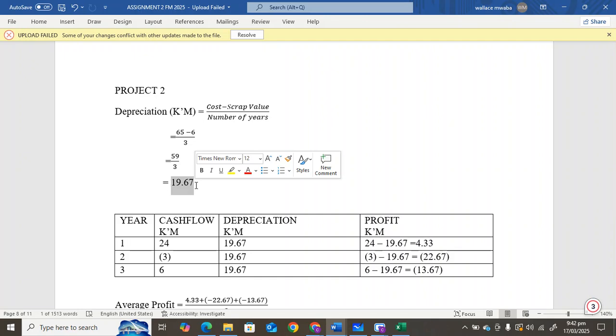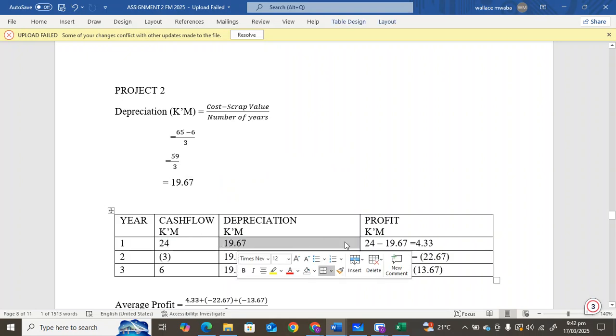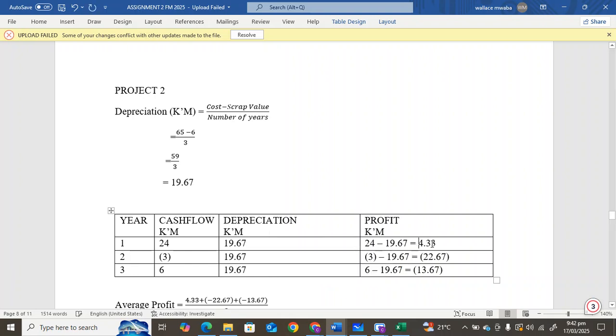Step 2, get your accounting profits, which is cash flow minus depreciation. For year one, cash flow 24 minus depreciation 19.67, you get 4.33. Year two, cash flow negative 3 minus depreciation 19.67, you get negative 22.67.